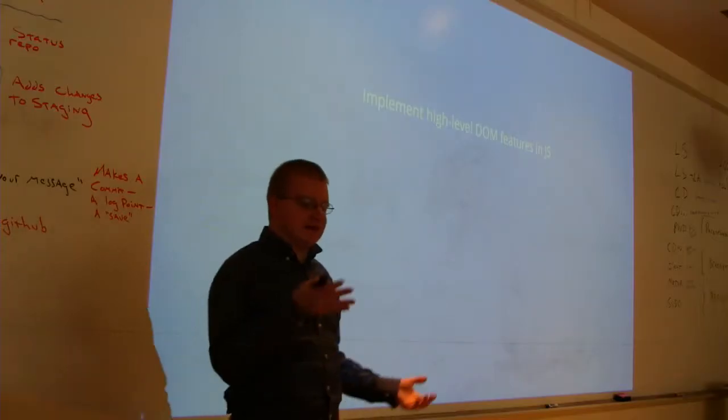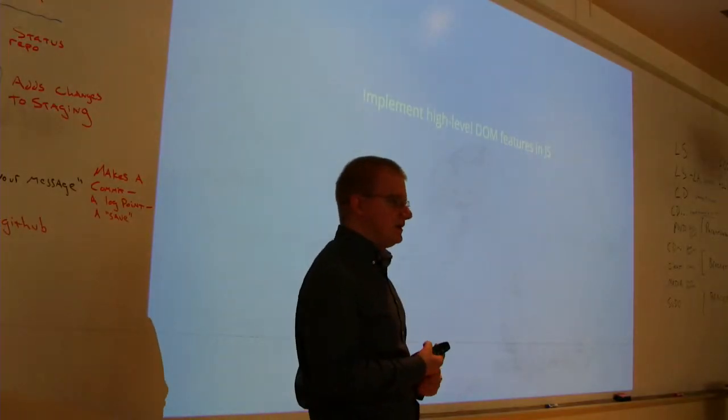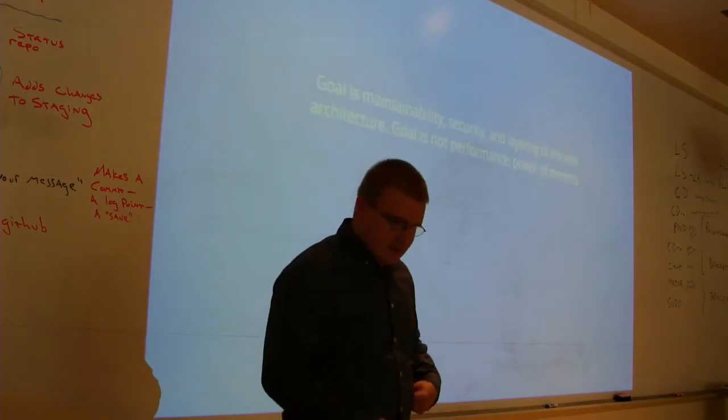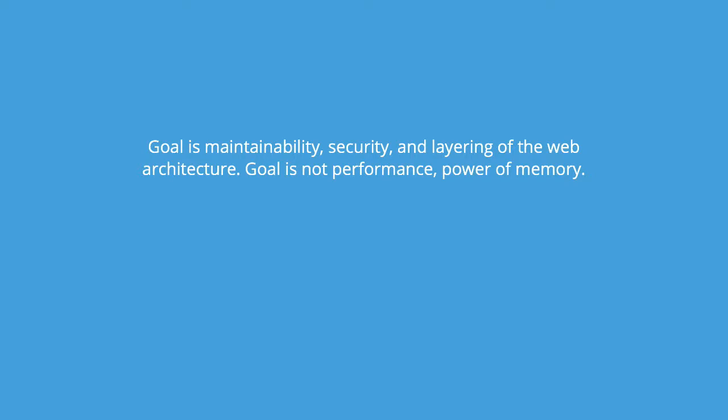The interesting thing to do was to implement high-level DOM features, the DOM being the elements in the browser, in JavaScript. And they note in their presentation, these are mostly quotes from their slides, that the goal is maintainability, security, and layering, not performance or memory. So this is not like changing how the browser is written.